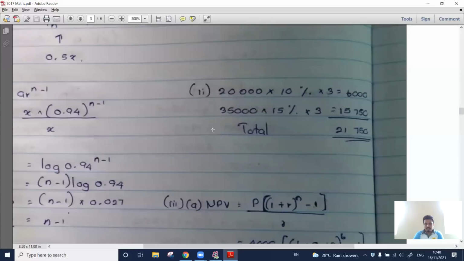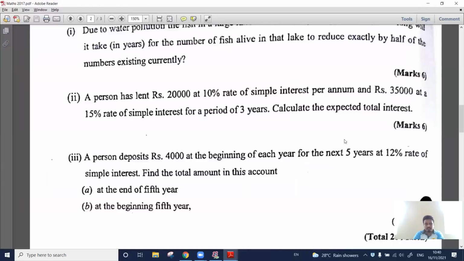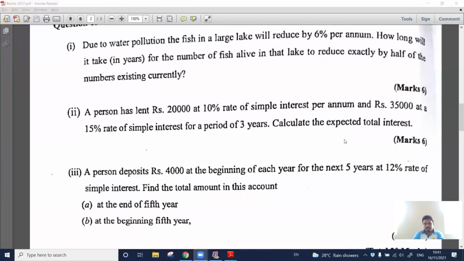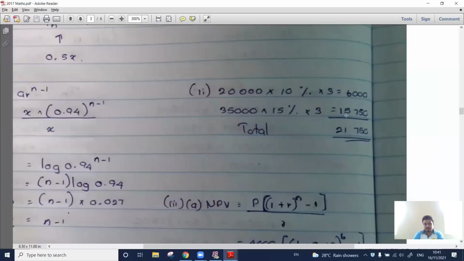The second investment 35,000. 35,000 into 15% into 3, 15,750 altogether. The total interest should be 21,750. 6 marks. Very easy.